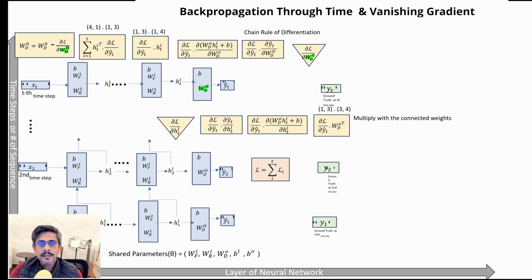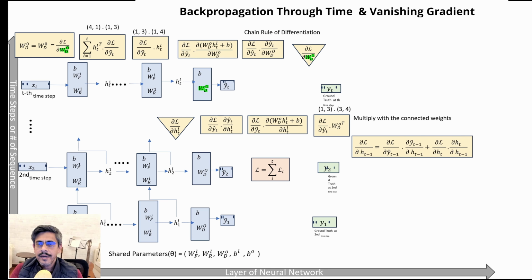What is the connecting weight? We are trying to calculate the derivative of YT with respect to the hidden state, and that is giving us the weight. The hidden state vanishes and we just get the weight. That's a very important mathematical pattern, which we can repetitively apply.